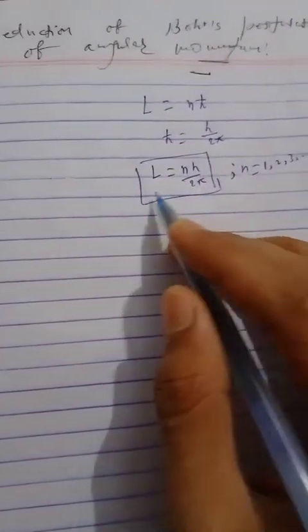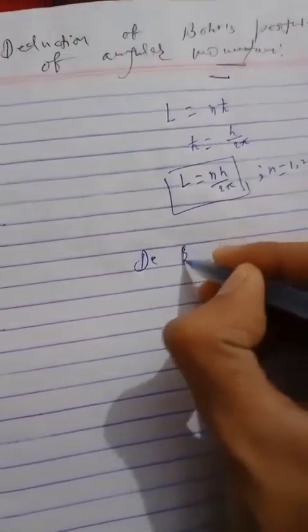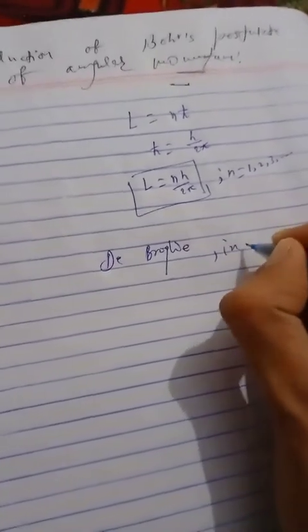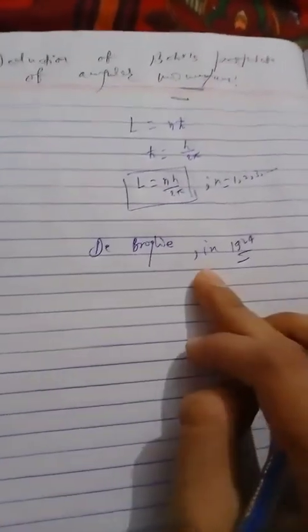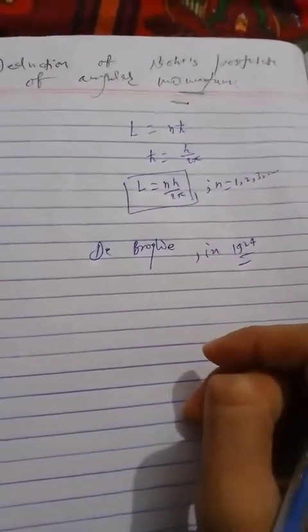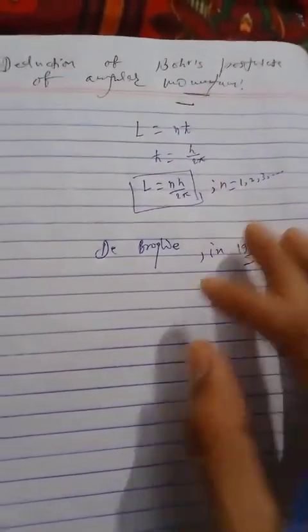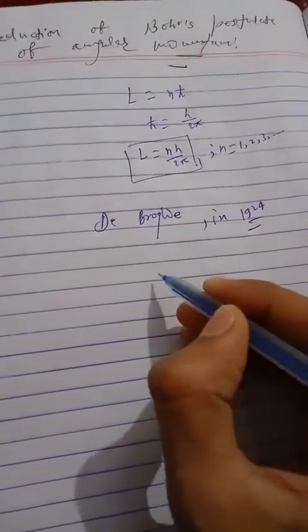So it was de Broglie, in 1924, who proposed the de Broglie hypothesis, and from his hypothesis of the wave nature of the electron and all other material particles, he deduced Bohr's postulate of angular momentum. So how did he do that? Let's explore it here.